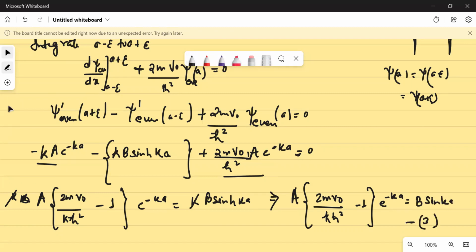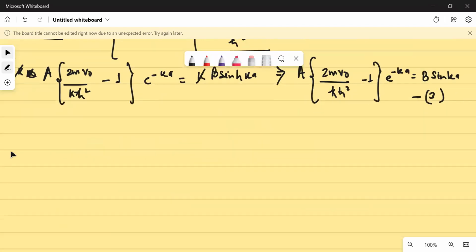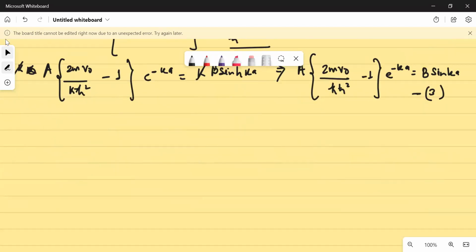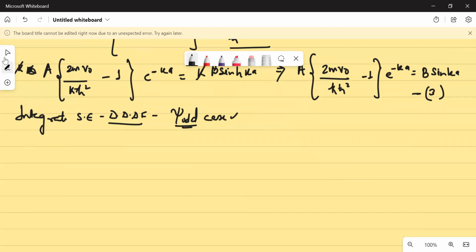Okay. Now what would I do? If I apply the same thing on the odd case. So if I integrate the Schrodinger equation involving the double Dirac delta function for the odd case, what would it be?